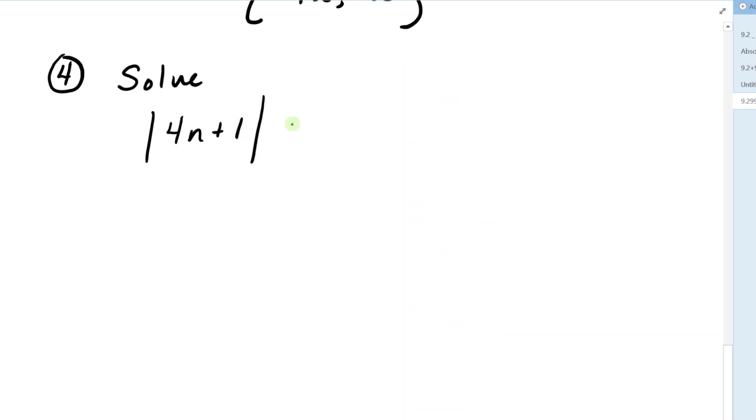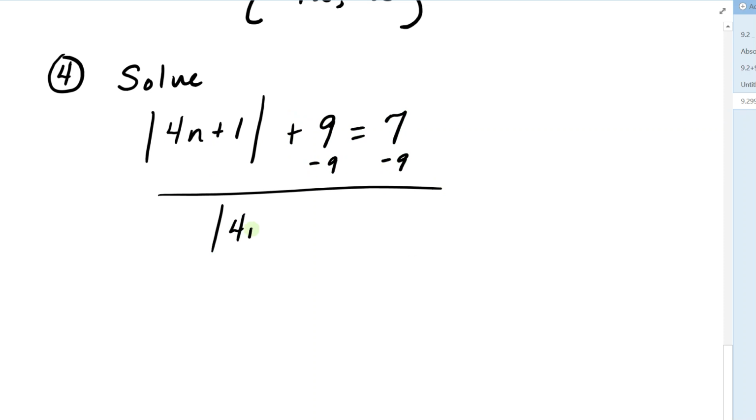Let's look at number 4. Remember, if I move too quickly and you want to see a page longer, you can just pause your video. It asks you to solve absolute value of 4n plus 1, plus 9 is equal to 7. I need to get the absolute value by itself, so I'll subtract 9 from both sides. I have the absolute value of 4n plus 1 is equal to -2.